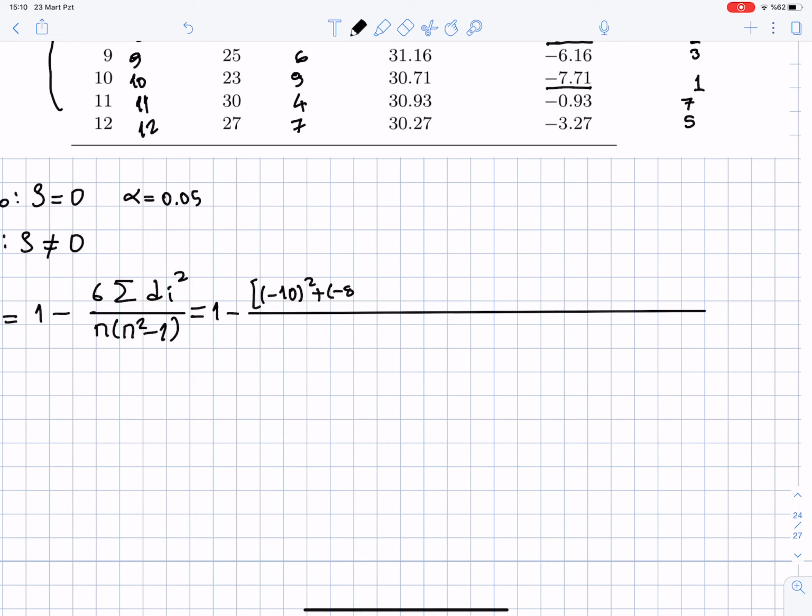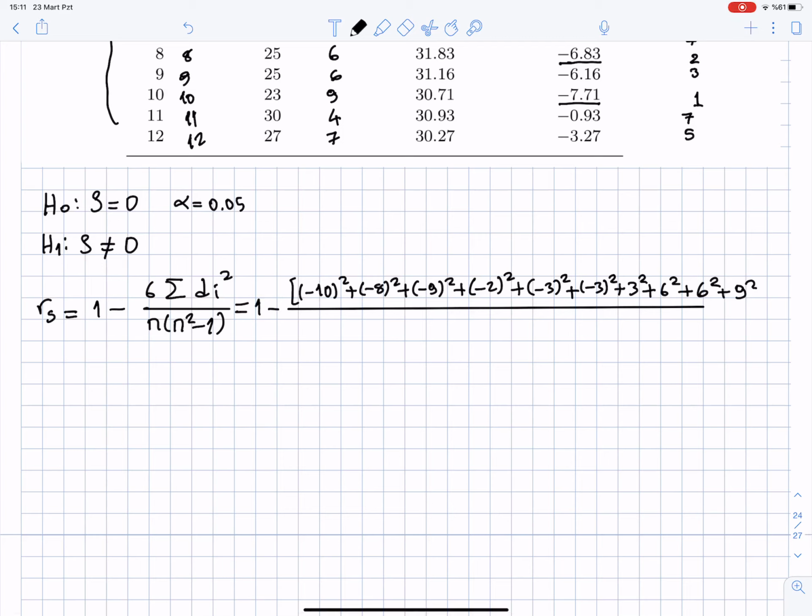minus 8 square plus minus 9 square plus minus 2 square plus minus 3 square plus minus 3 square plus 3 square plus 6 square plus another 6 square plus 9 square plus 4 square plus 7 square.